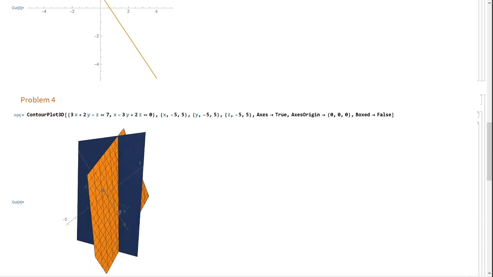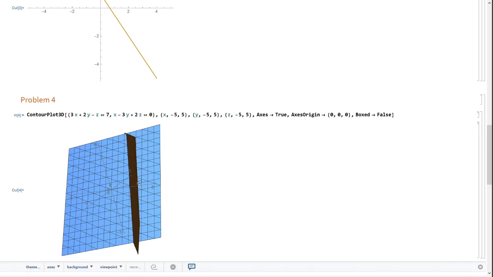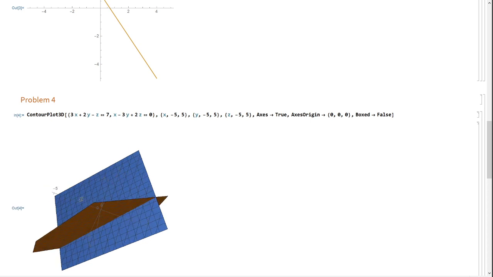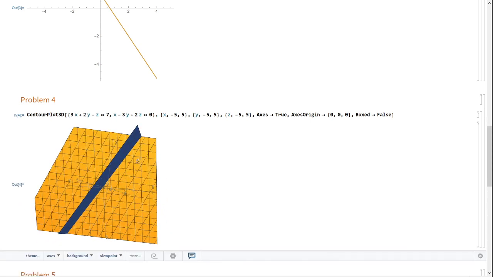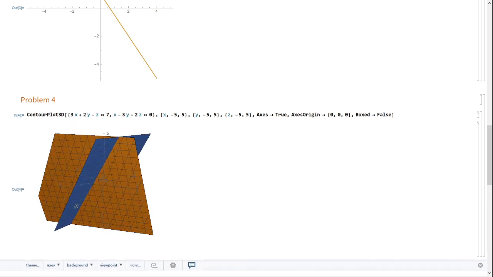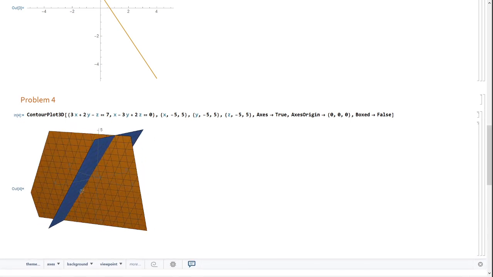We can see they're intersecting in this line right here. Now it's going to be a bit harder to work out exactly the directions this time. It should be something like this. So there's our line. But again, the exact position of that line is not important. The point is that they intersect in a line.